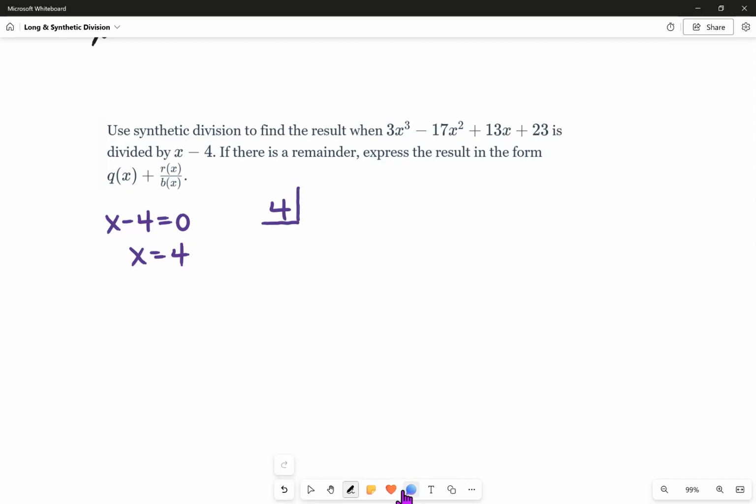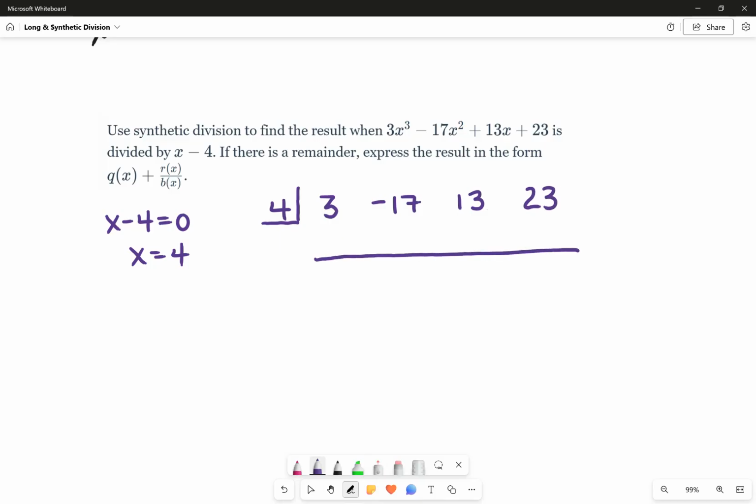Now let me double check here. I have a 3, a 2, a 1, and a 0. So it is in order. So let's write 3, space, -17, space, +13, space, +23. Draw the horizontal line, bring down the first term, and we multiply.